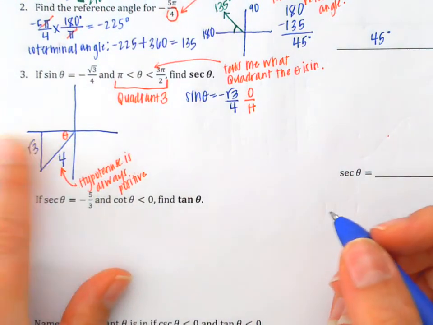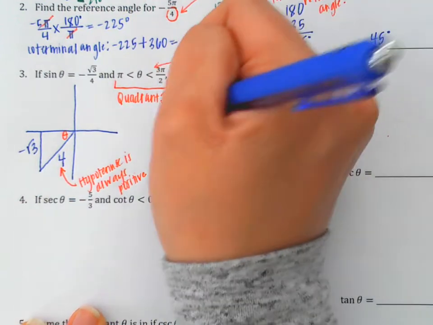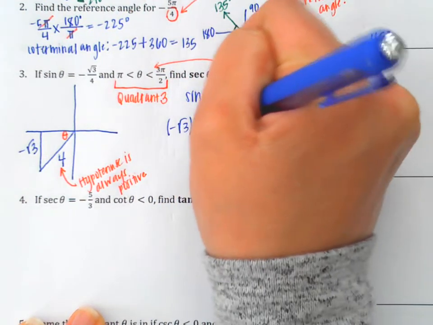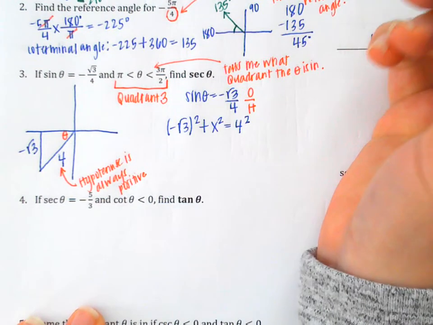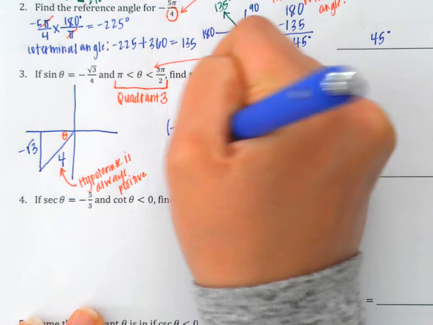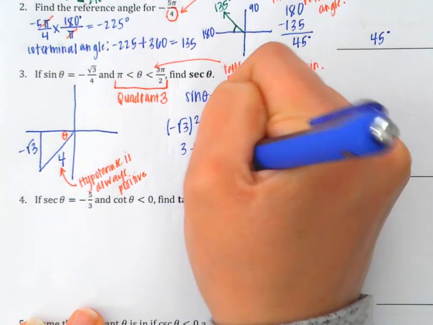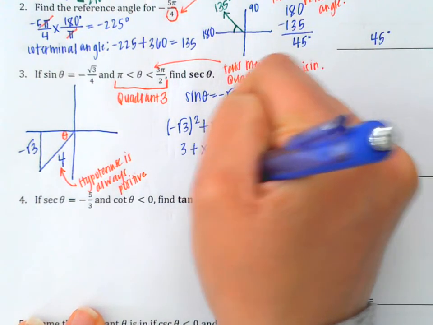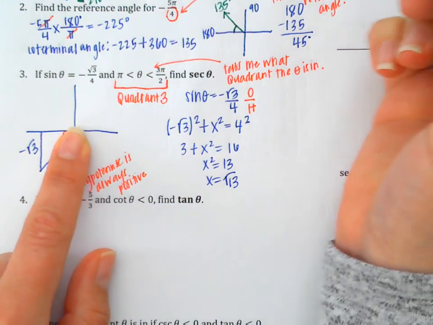So then I have to find my third side length by using the Pythagorean theorem. So negative rad 3 squared plus x squared equals 4 squared. So negative rad 3 squared is 3. 4 squared is 16. Subtract 3 from both sides. Square root, and I get x is equal to rad 13. Now we have to think about the sign here.